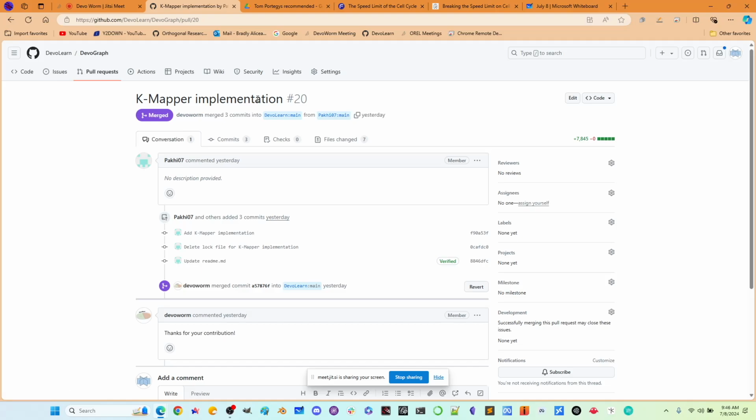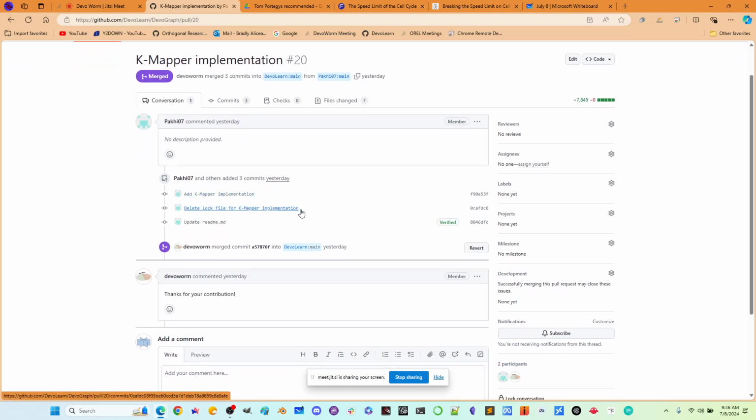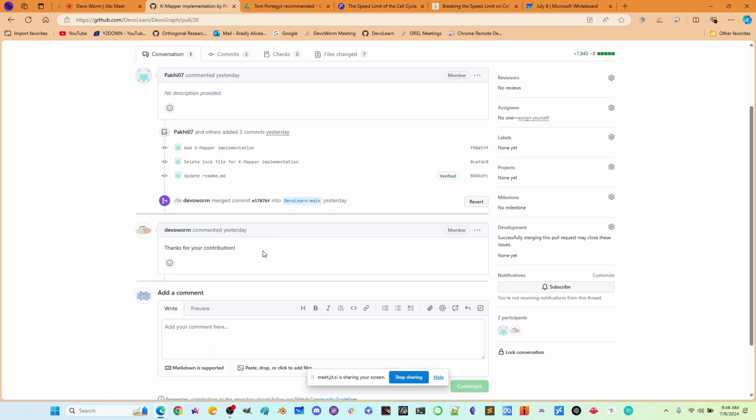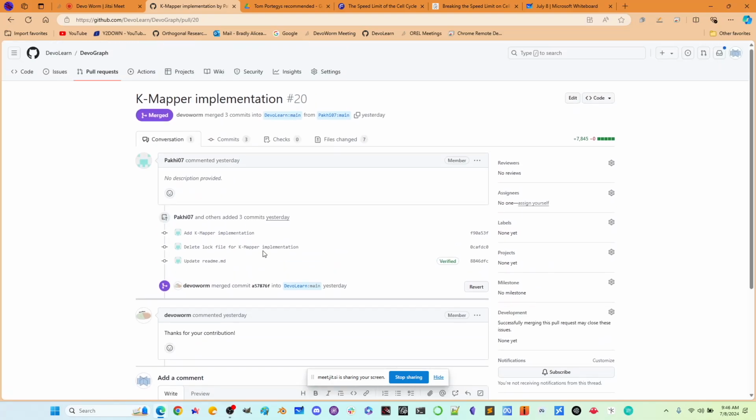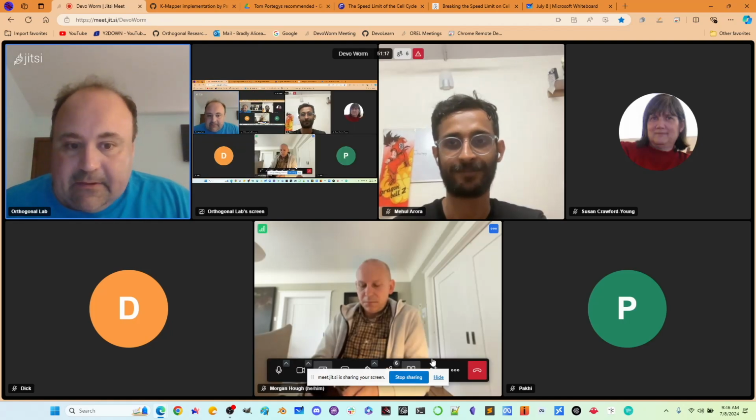I think she said she was going to make another pull request soon, but this is with the K-mapper implementation and some other details. This is the fork of the K-mapper toolbox and some of the things that she's been working on with respect to that. And then she's merged it into DevoGraph. So congratulations to Pakhi for that contribution.